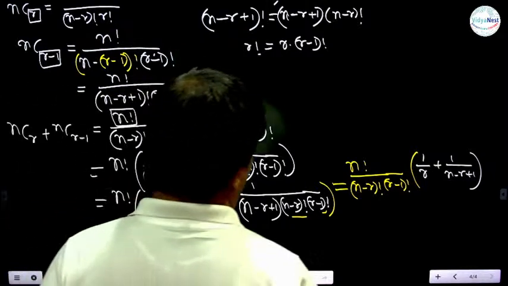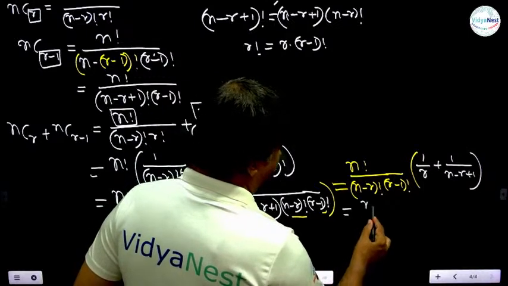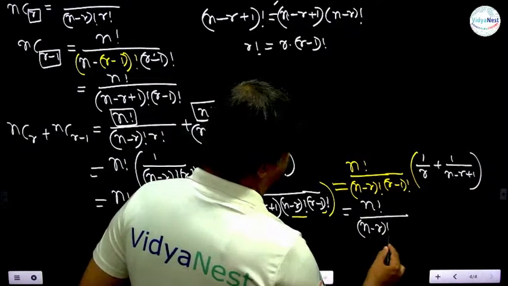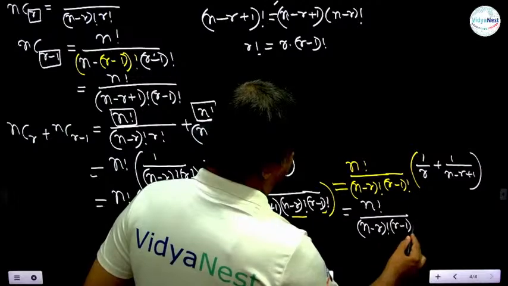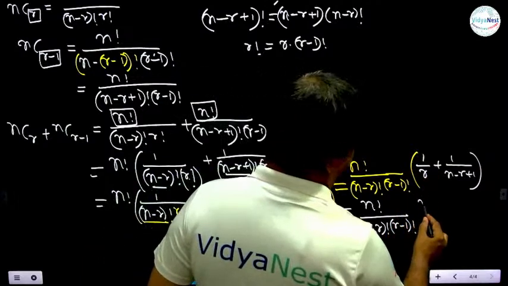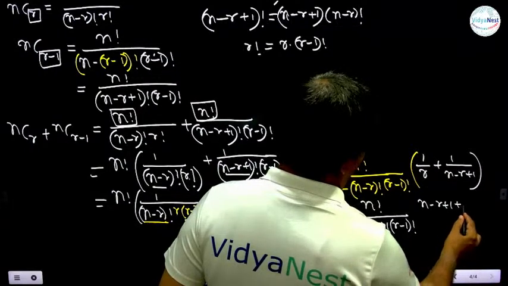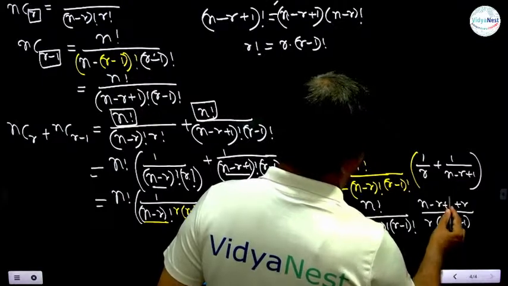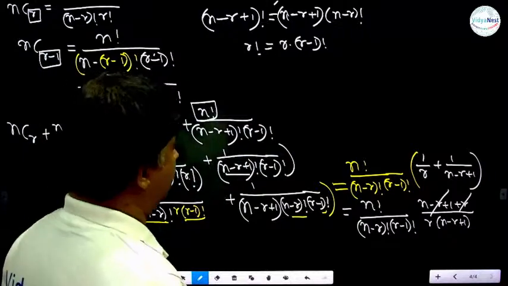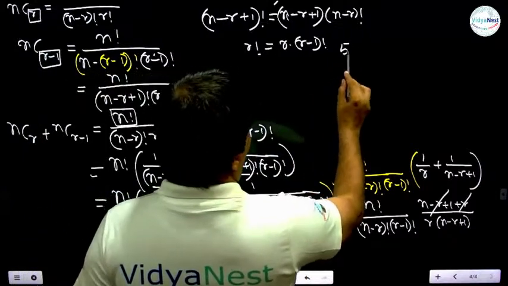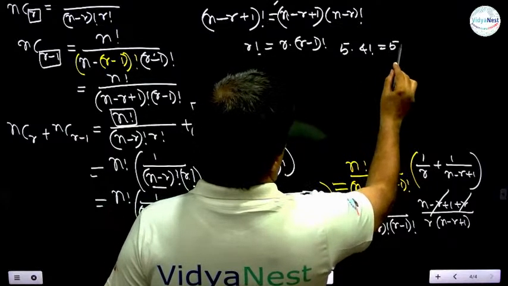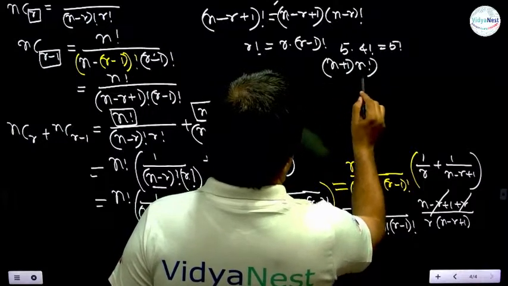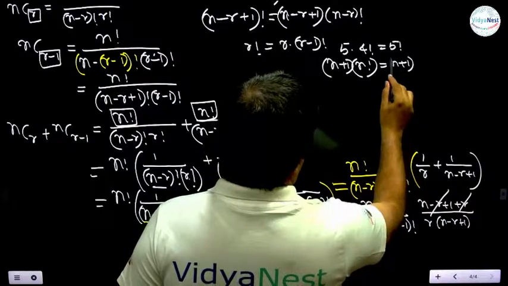So, we have nothing but to take the LCM. Factorial n, take the LCM. r cancels. Now, if I write 5 into factorial 4 means factorial 5, then in the numerator n plus 1 into factorial n will be n plus 1 factorial.